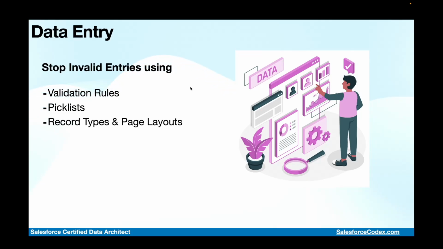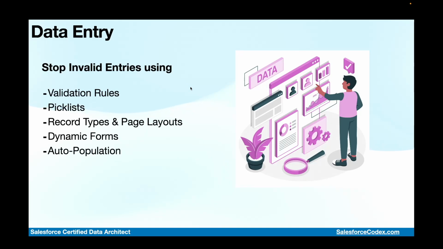We can use record types and page layouts to control what fields appear based on user roles. This way we can restrict users to entering only the required data. Salesforce dynamic forms can also help in creating a dynamic page layout based on the user credentials.